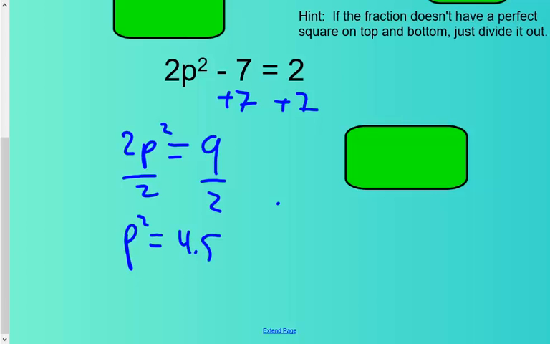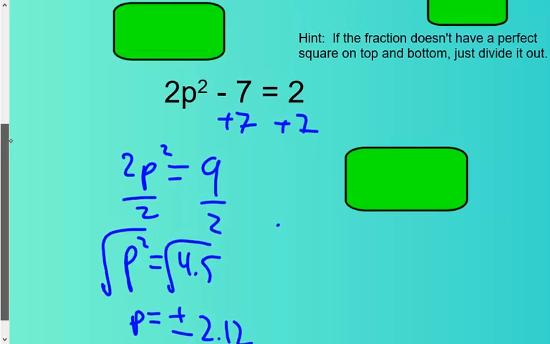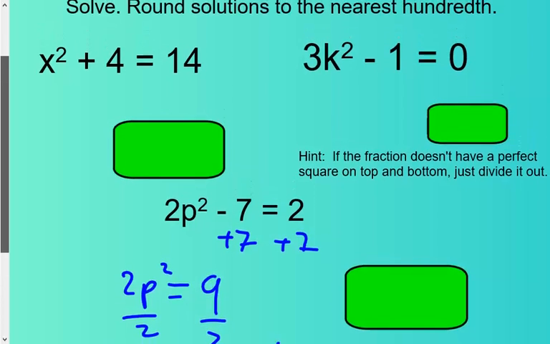But since 9 is a perfect square and 2 isn't, I'm going to just write it in decimal form. And then I'm going to square root that. I'm just going to use my calculator. Square root of 4.5 is positive or negative 2.12 if I round to the nearest hundredth. And that's all there is to that.